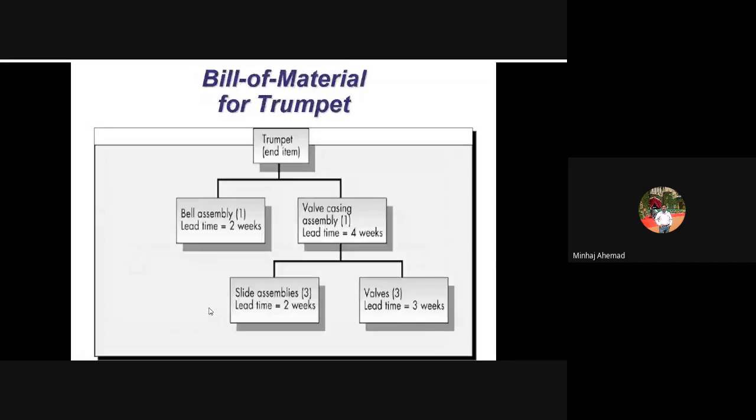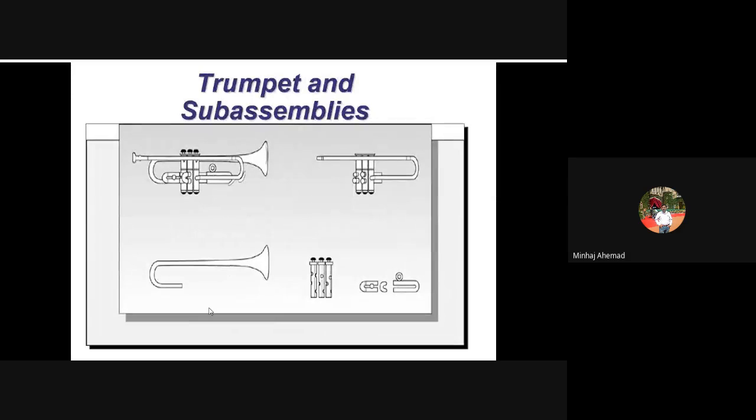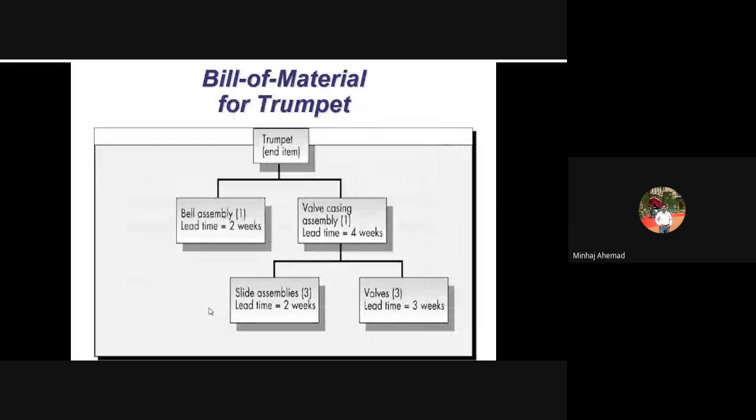So how to make the bill of material? The trumpet is an end item. So bell assembly 1 in number, valve casing assembly 1 in number, slide assembly 3 in number, and valves 3 in number.